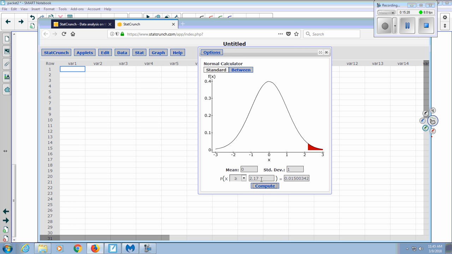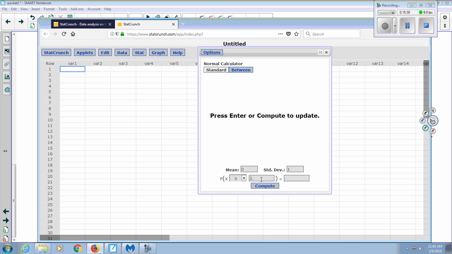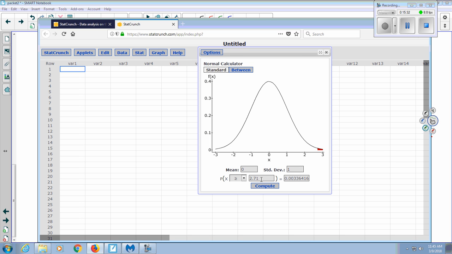Let's try that again, 2.71. And again, it comes out to be 0.0034. You can see this little spot over here is shaded in. That's the area you're finding.